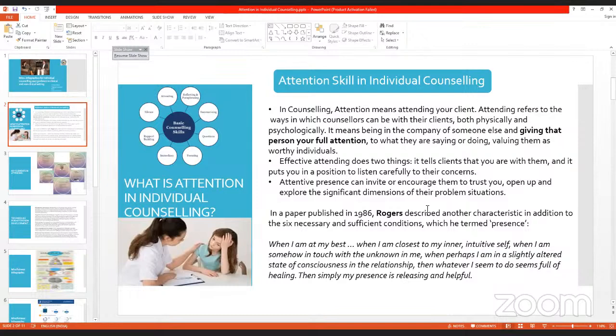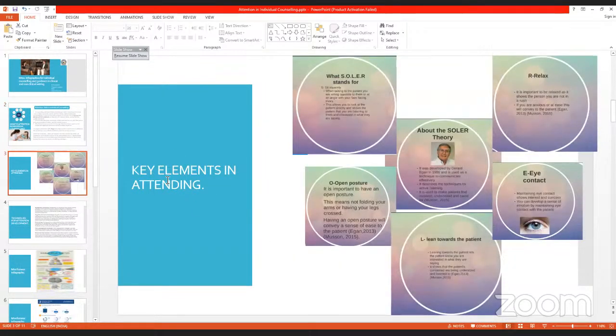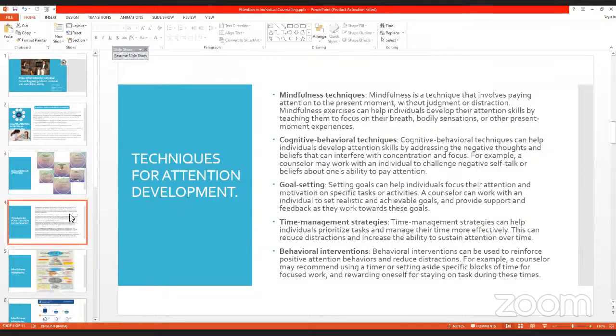First, I told you the role of attention in individual counseling, the elements of attending the client, and then the techniques we use for attention development, and we used these techniques for infographics also. I have shown you some of the infographics of these techniques used for attention development in individual counseling.